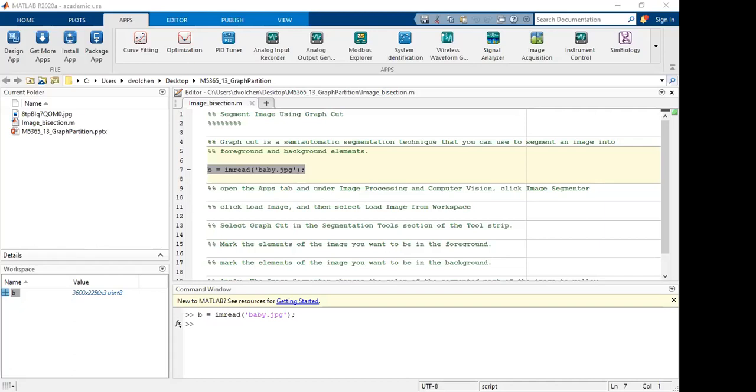It's already known. Now I should choose which part I consider positive as foreground and negative as background. So I consider foreground here and background here. Okay, that is a bisection.